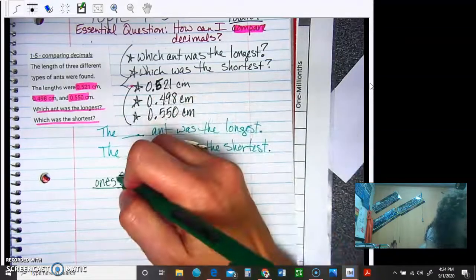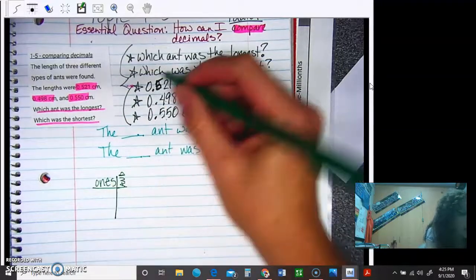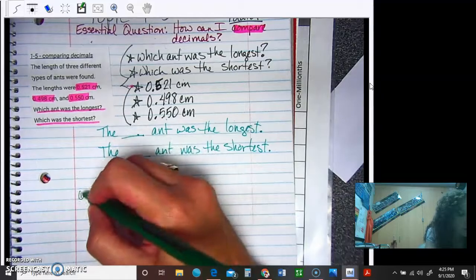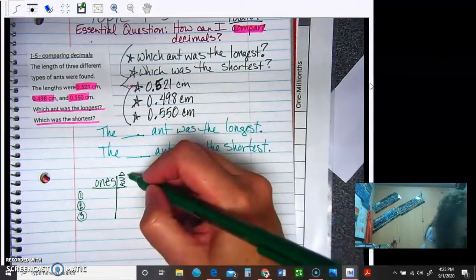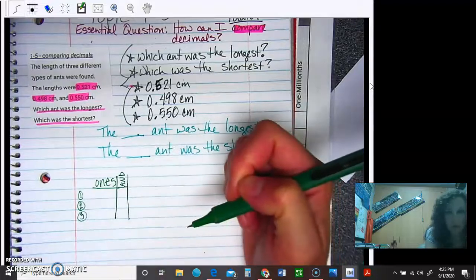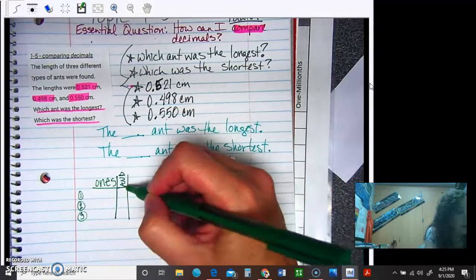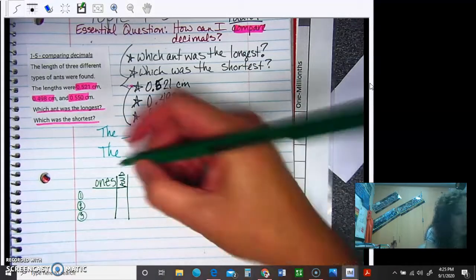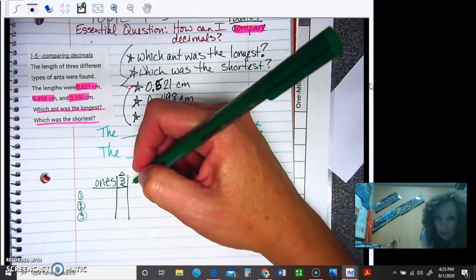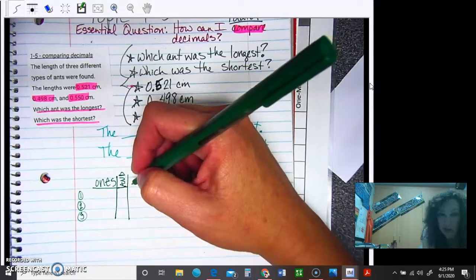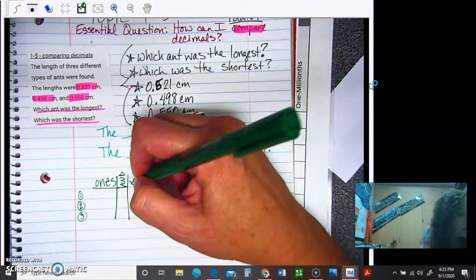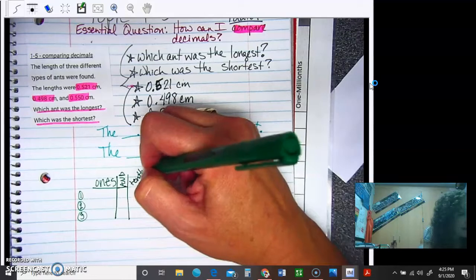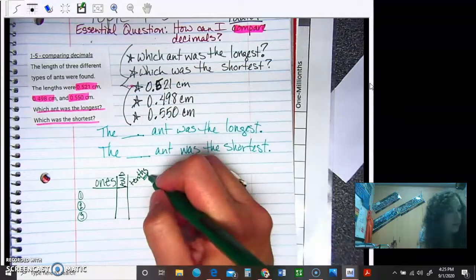I have 3 different measurements I'm comparing, so I need 3 lines, right? There's where my decimal goes. The first digit after the decimal, you should be getting familiar with this. You should know this by now. This is what we keep saying over and over, right? This is the tenths place.